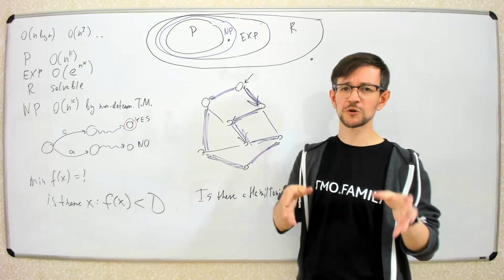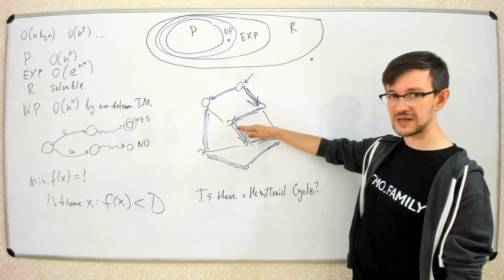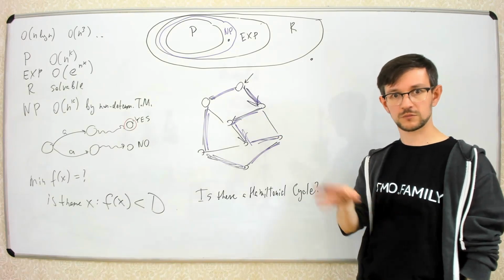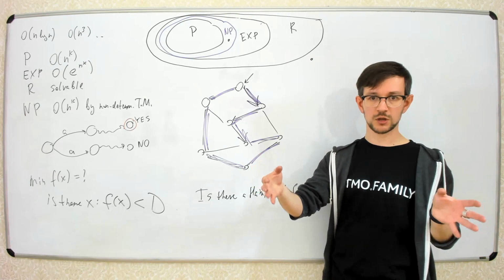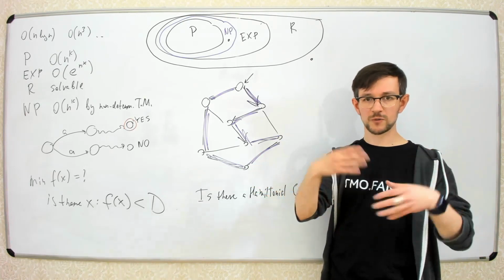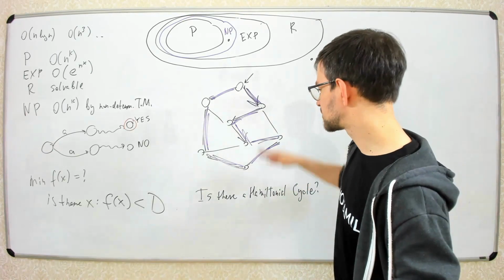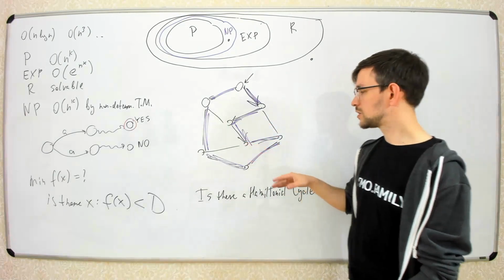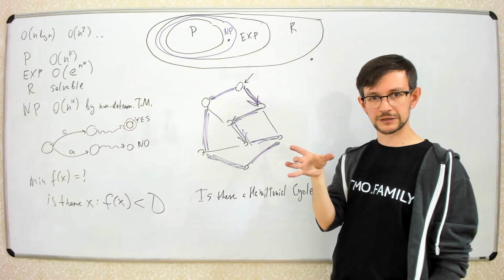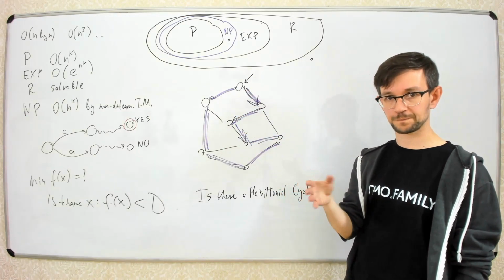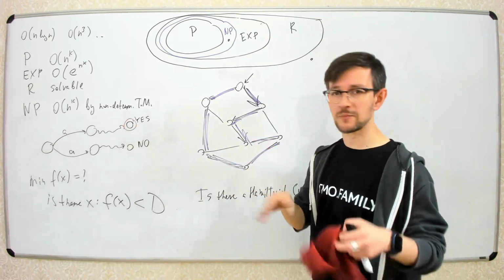It's an important thing about polynomial time. You can prove to someone that the answer is yes in polynomial time. So if you're given the solution of your problem, you can check that the solution is correct in polynomial time. This is usually called the certificate of the problem. So if you're given this certificate, like this cycle, you can check that this certificate is correct in polynomial time. That's just another way of thinking about NP problems.